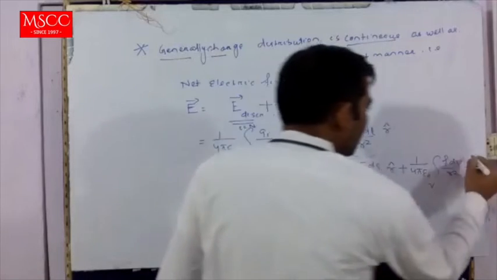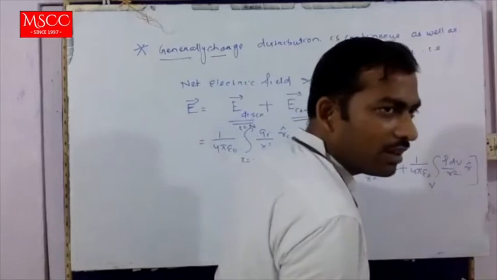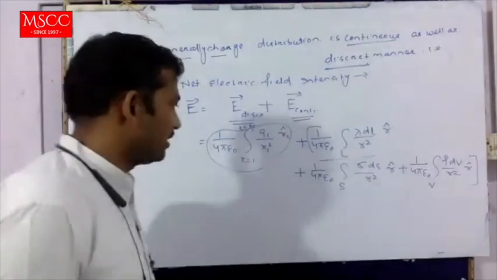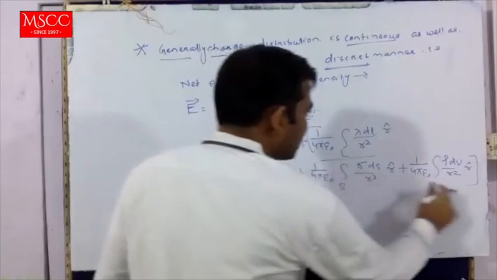This is for continuous charge distribution and this is for discrete manner.